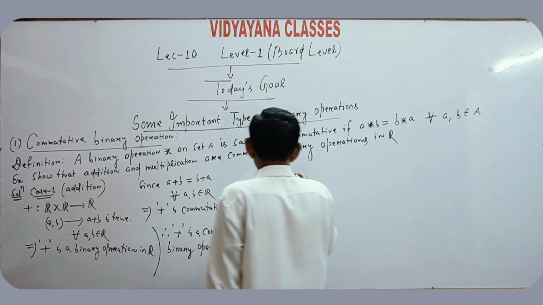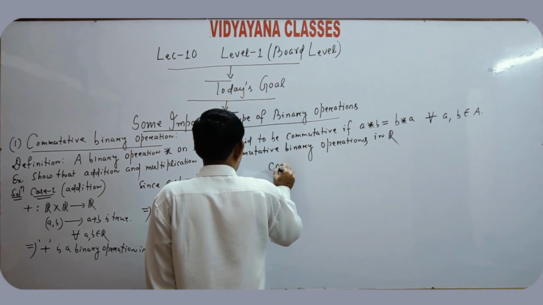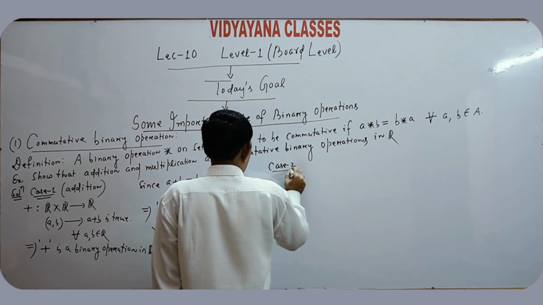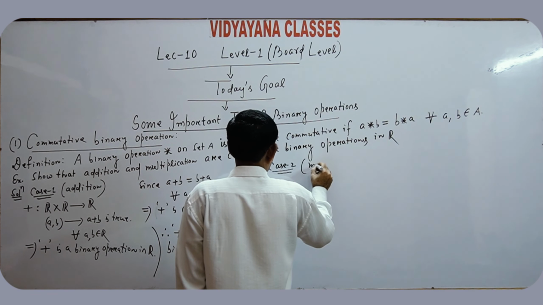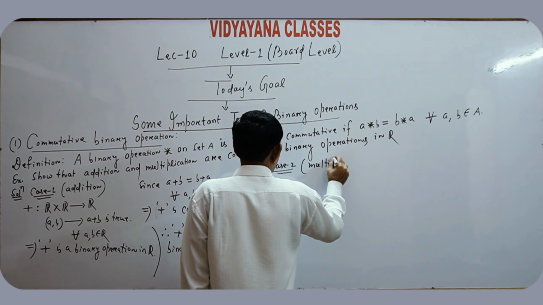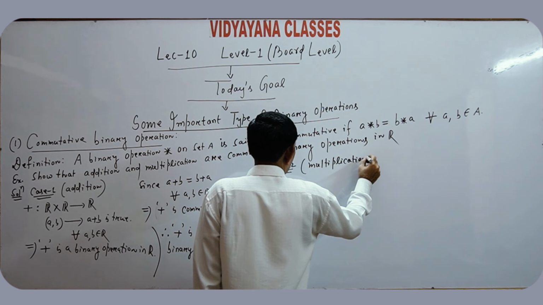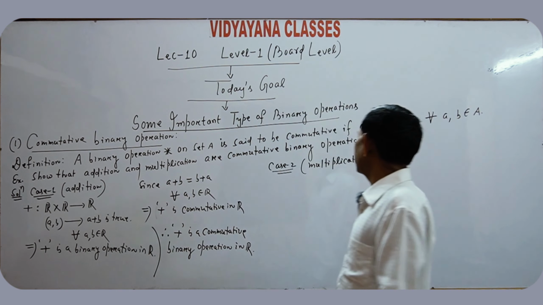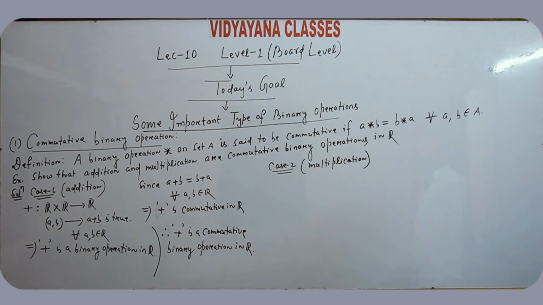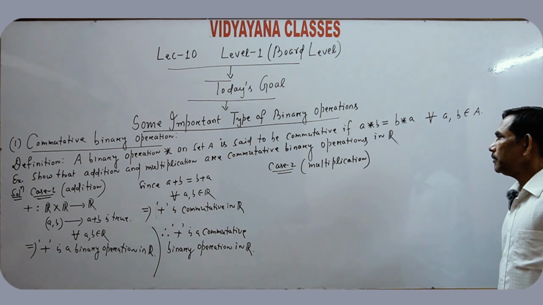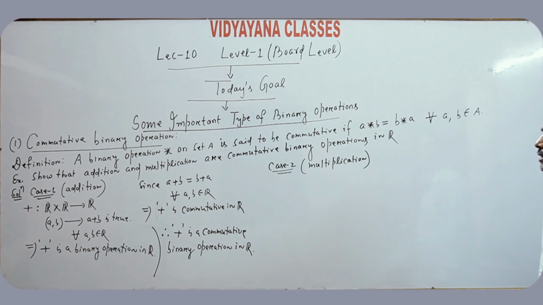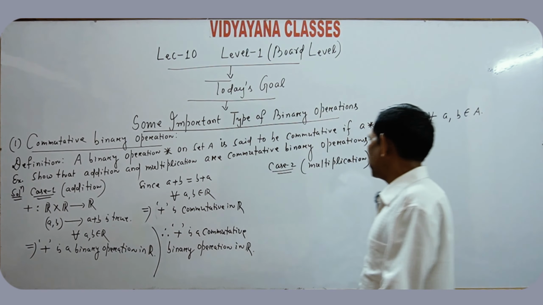Case 2. We have to show multiplication is a commutative binary operation.